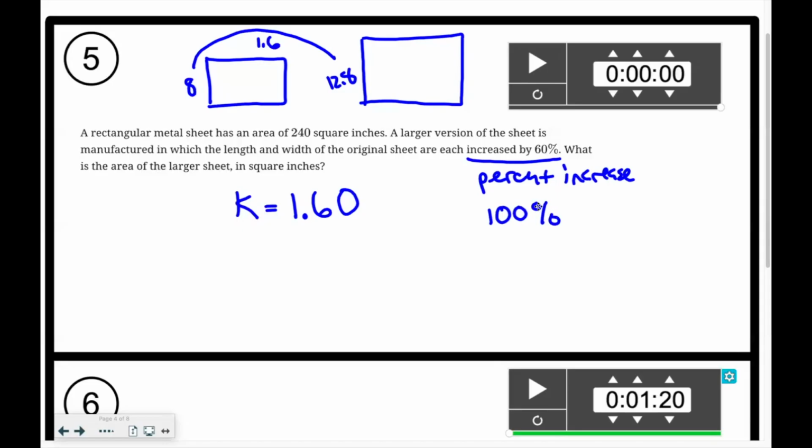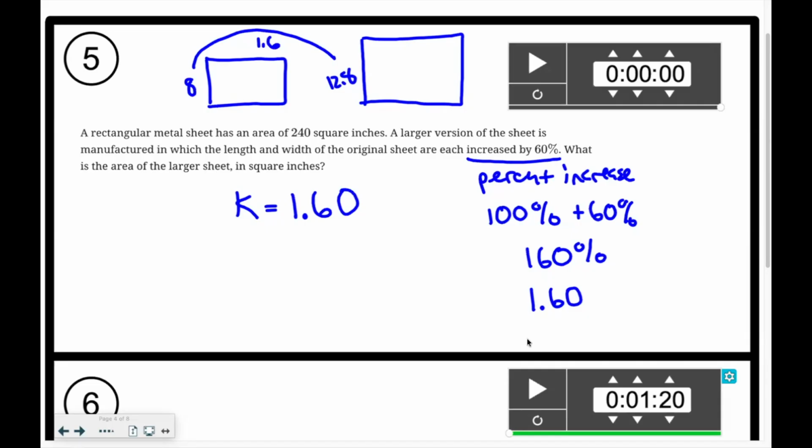So if we are increasing it by 60%, we now have 160% of what we started with. And then in decimal form, you divide by 100, that's where you get the 1.6 or 1.60.